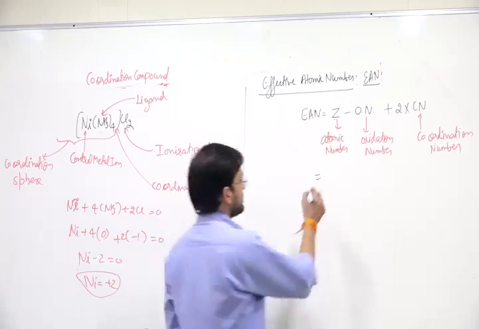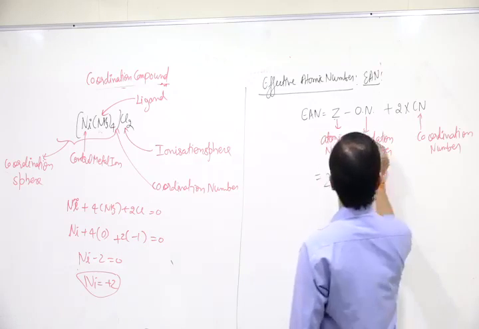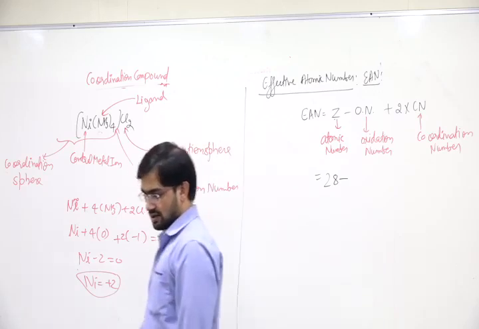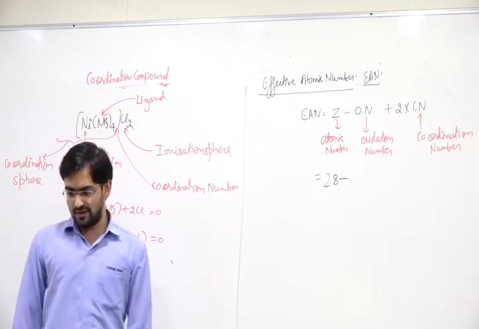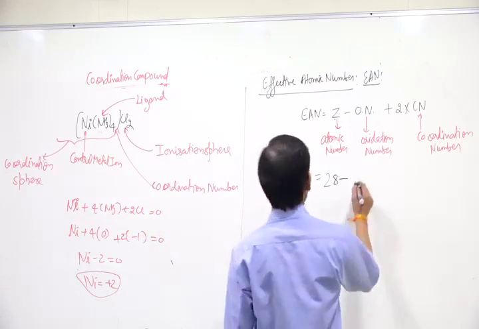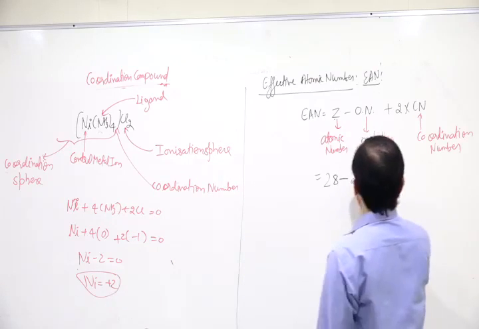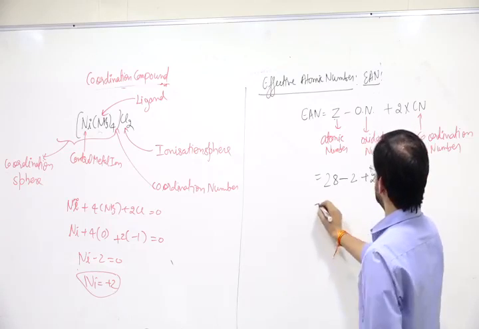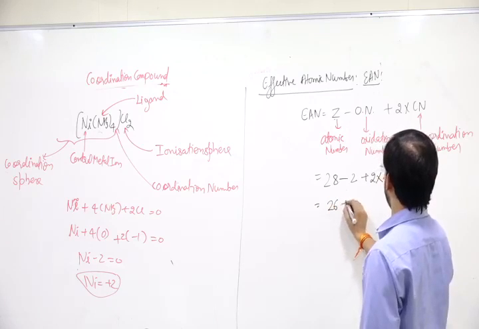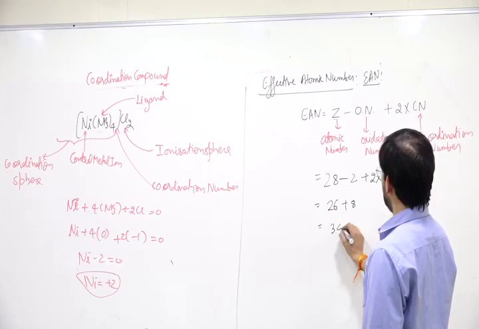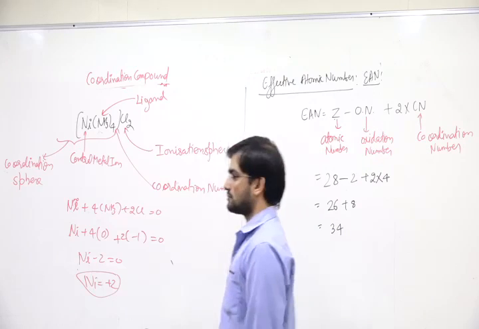So nickel Z is 28 minus oxidation number. Nickel is having 2 plus. Hey, who is writing 58? Not 58. Don't make an easy mistake. These are easy mistakes. Minus 2, plus 2 into coordination number. Coordination number is 4. So 28 minus 2 is 26, plus 8 is 34.